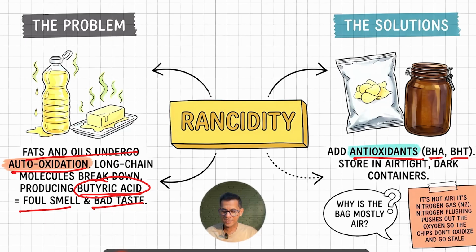Also, in case of chips, for example, chips packets are flushed with nitrogen gas. You must have seen they are swollen like balloons when you buy them. It's not actually air, they are flushed with nitrogen gas, as nitrogen is an inert gas and it prevents oxidation. Nitrogen doesn't allow oxygen to react with the fats and oils in the chips packet, keeping them fresh for a longer period of time.